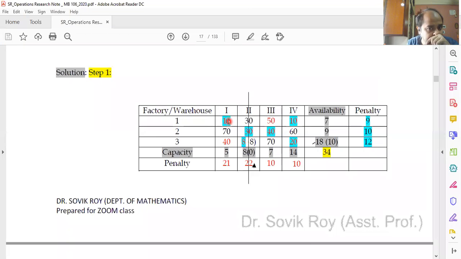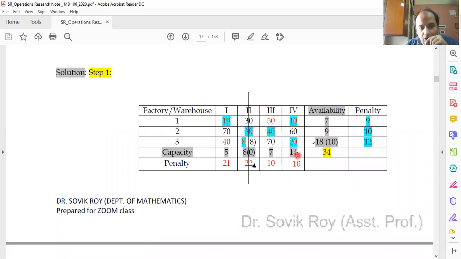In total, there are 3 rows and 4 columns, so 12 costs are given, and these are unit transportation costs. These were the availabilities. Try not to look at the bracketed portion, because it has been done after the calculation. The actual availabilities were 7, 9, and 18, and the requirements or capacities were 5, 8, 7, and 14.